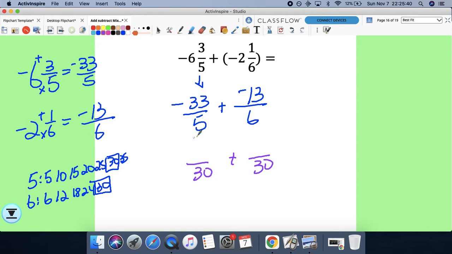So now let's look at 5. 5 times what is 30? 5 times 1, 2, 3, 4, 5, 6 is times 6. Now multiply the top times 6. 33 times 6 is, sorry, 198 negative.